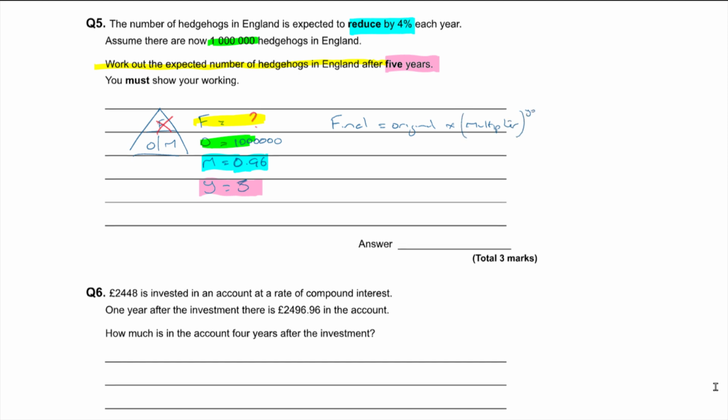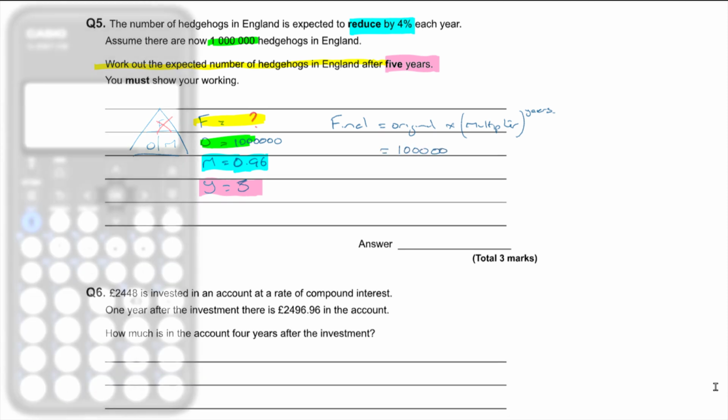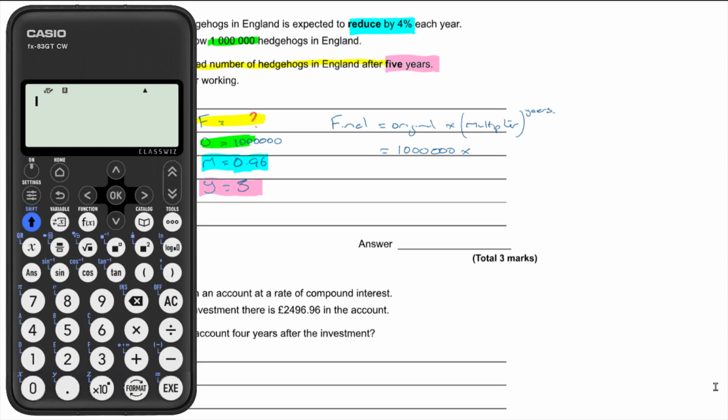Raised to the number of years. So that's 1 million times 0.96 raised to the power of 5. Okay, I shall try not to cry when we work this out.